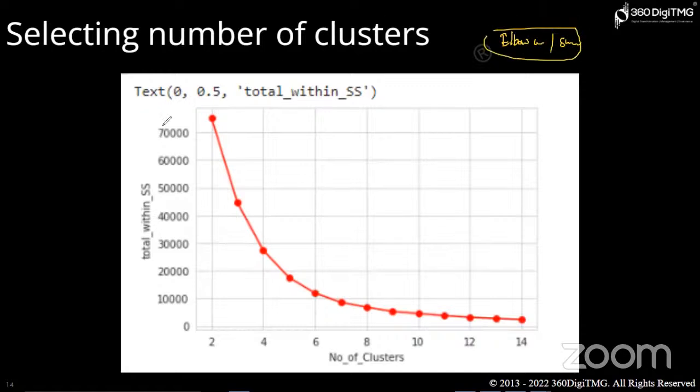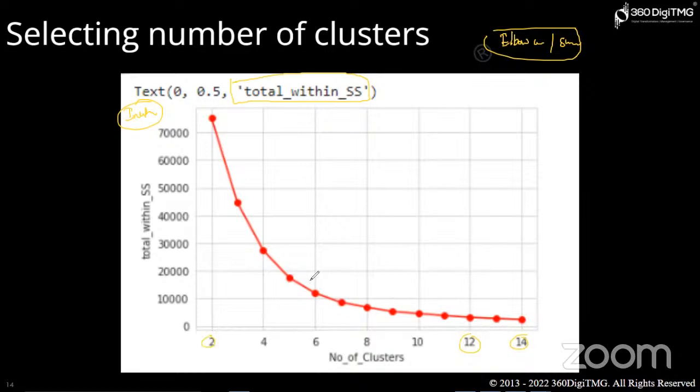The y-axis will have the inertia value, that means the total within-cluster sum of squares. Based on that we are going to calculate, and in the x-axis I have the number of clusters. I have taken from 2 to 14 clusters, and I am going to look into the data.